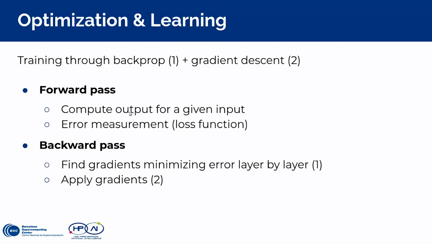We give an example, we evaluate the output, we check the error, we modify the network to minimize the error, and then another sample, and another sample, and another sample. And you do this for minutes, hours, days, and sometimes weeks until all the weights of the neural network have converged to a value that minimizes the error, so that when we provide any input, we can expect the output to be quite reliable.